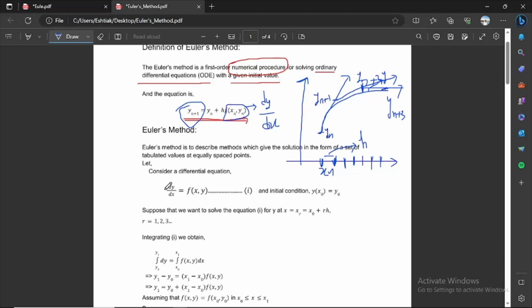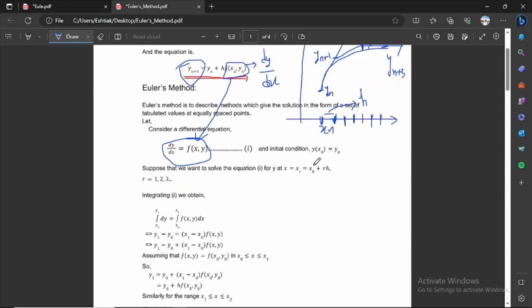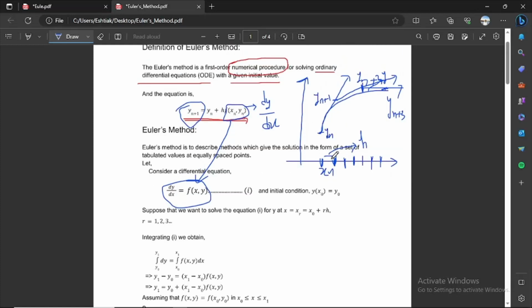Consider a differential equation dy by dx equals a function of x and y. This function allows us to plot a tangent line at that initial condition. An initial condition y(x0) equals y0. That means if we consider n equals 0, then y0 is from x0 here.